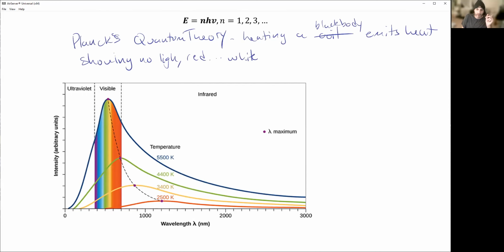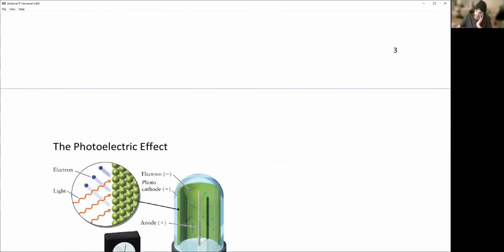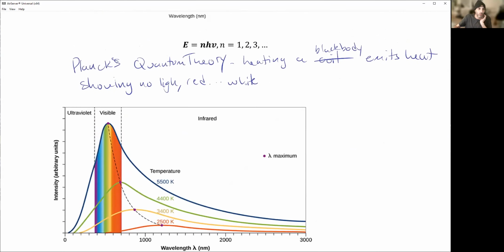Classical theory is going to state that the energy emitted is just this continuous energy level all the way up until we have way too much UV radiation and everything is essentially emitting. But what Planck basically said is, no, that's not true. What's happening is an atom vibrates in hot objects with a specific energy.